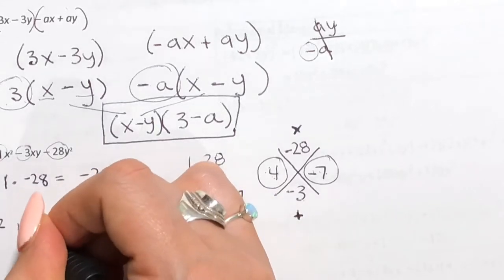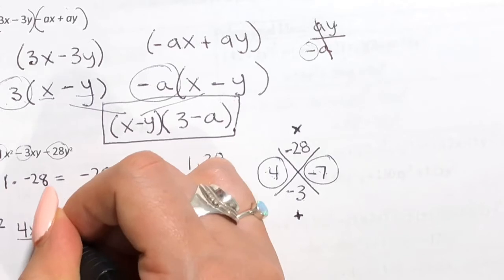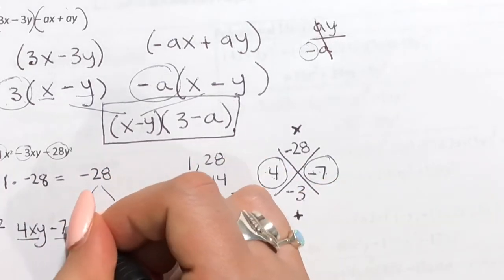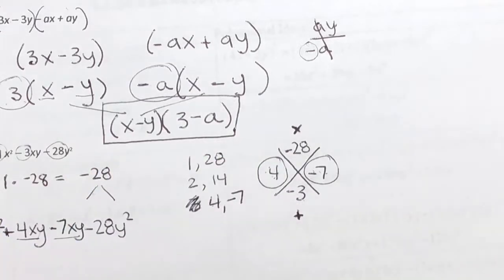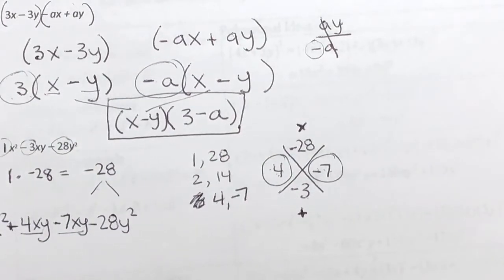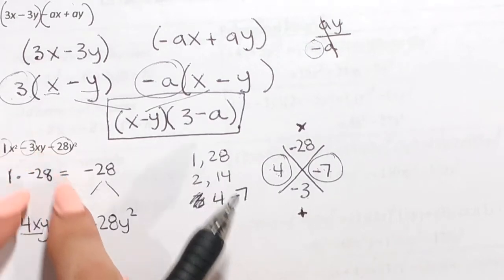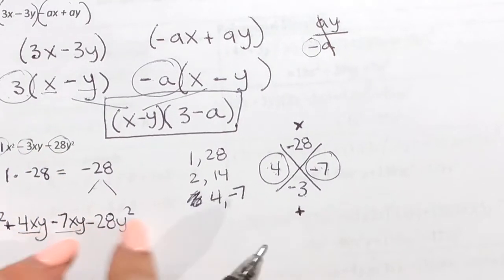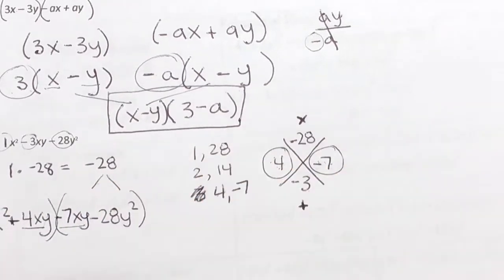So we're going to have a 4, and make sure to bring down the xy, and we're going to have a -7xy. And since that 4 is positive, that'll be a plus. The reason we're doing that is because now instead of having 3 terms, we have 4 terms, so that I can do my 2 groups of 2.